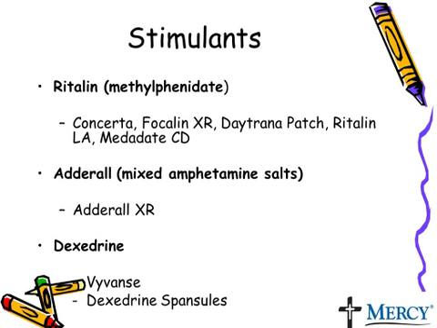There are 3 different types of stimulants: Ritalin, Adderall, and Dexedrine. They all now come in long-acting forms. All the long-acting forms listed here have been approved by the FDA for treatment of ADHD.